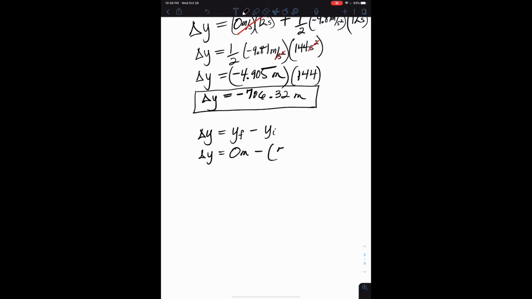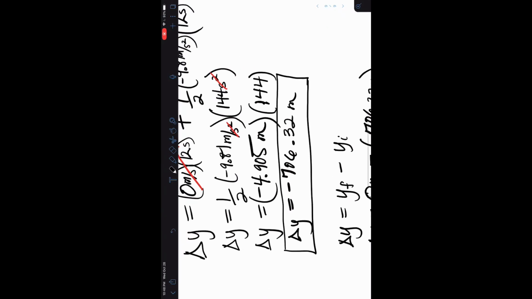And the initial position was that positive 706.32. But now you can see 0 minus 706.32 is just going to equal negative 706.32 meters. And this is why the displacement was negative, right? That the orange is moving in the negative direction is what we're saying here.